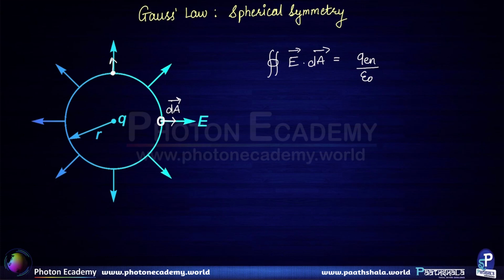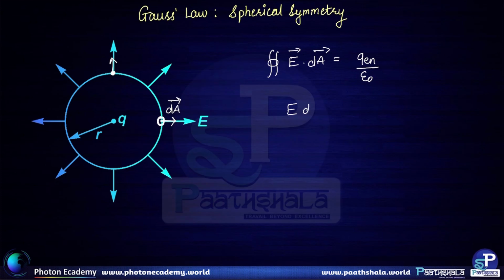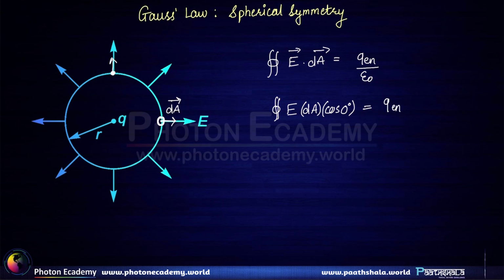So here we get E to be constant in magnitude, dA is the small area element, and everywhere we get the angle between dA and E to be 0 degrees. So cos of 0 happens to be 1. So the integration boils down to this, and that is equal to q enclosed divided by epsilon naught.